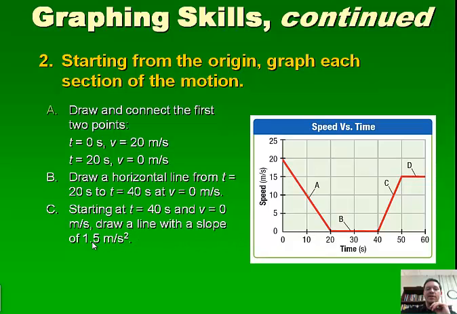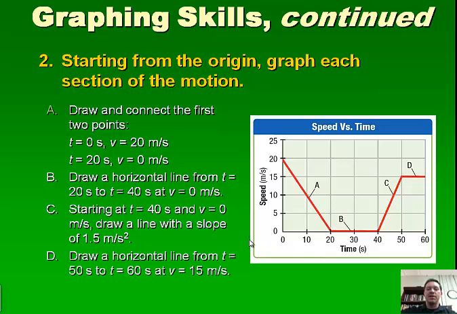And we can figure out the acceleration. So we have 1.5 meters per second. So how many meters would we have to get? 5, 10, 15. We go 10 seconds. So 15 divided by 10 gives us 1.5. So that's how we get this slope.